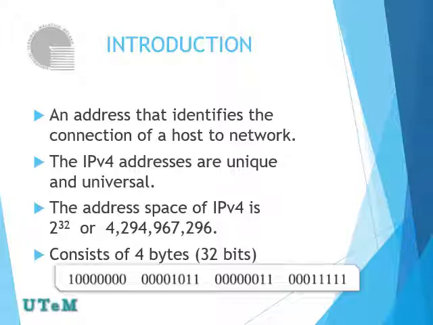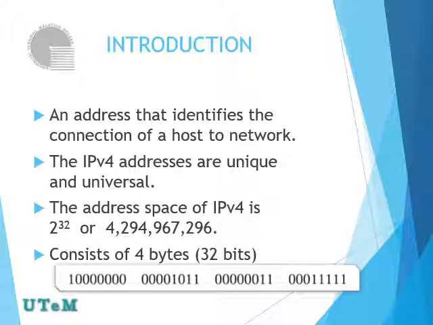IP version 4 addresses are unique. They must be unique and universal. They can be used for every device and every host, regardless of its manufacturer. The address space of IPv4 is 2 to the power of 32. Why 32? Because the IP consists of 4 bytes, or equal to 32 bits.